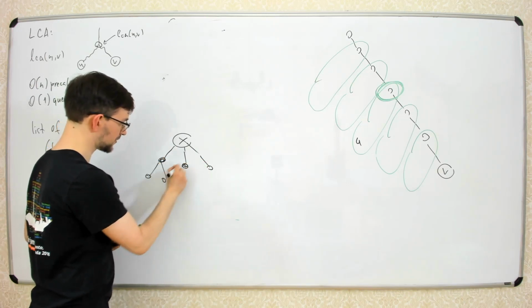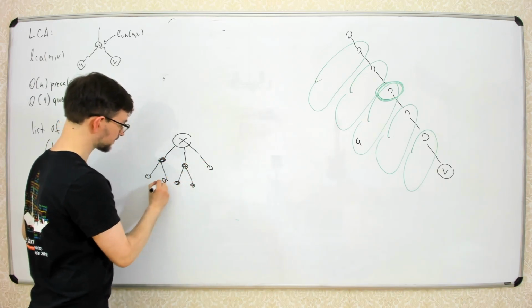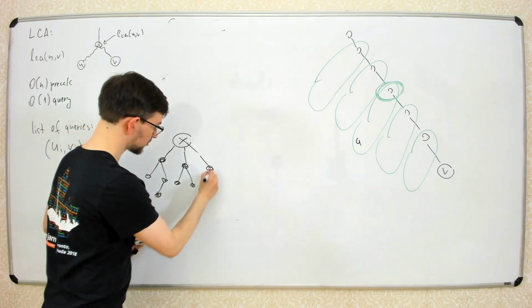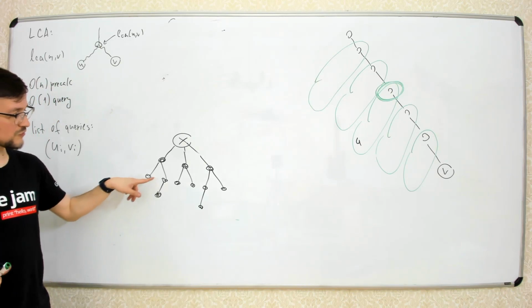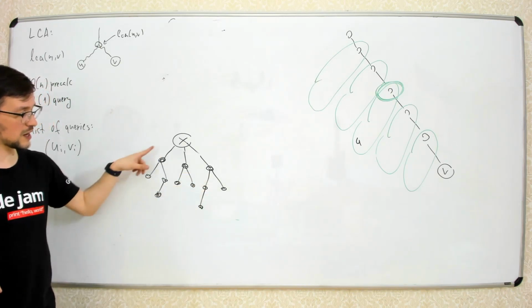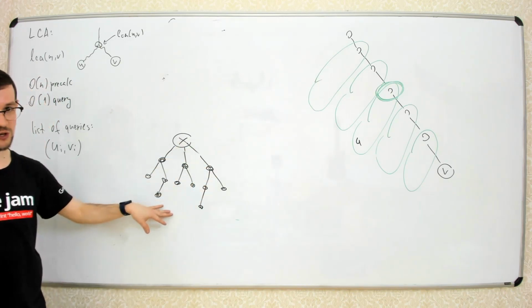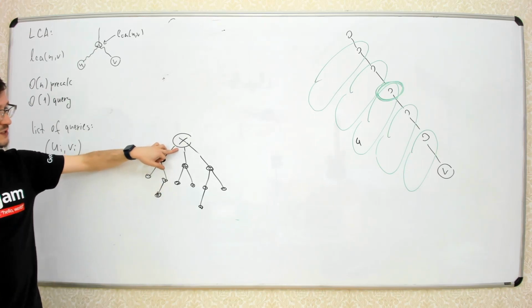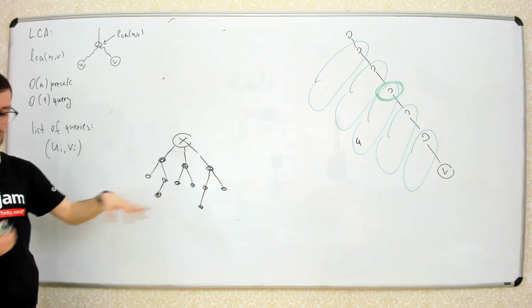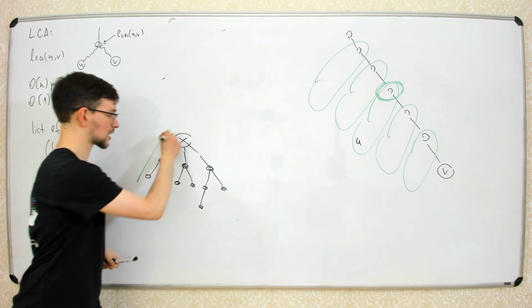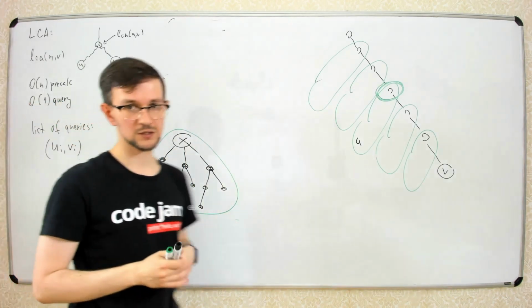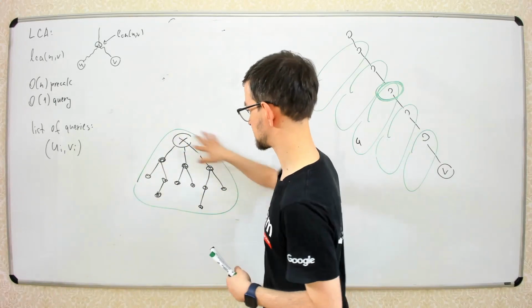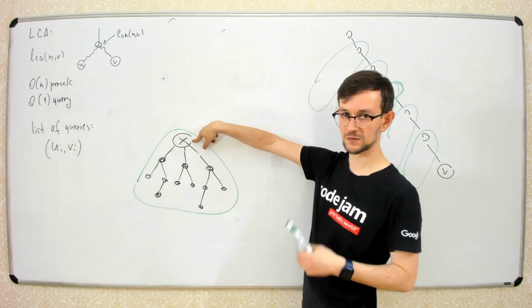So if U is any of these nodes, the result will be X, because X is the closest unmarked ancestor of all these nodes. So all these nodes compose one set. For all nodes in this set, the result will be X.